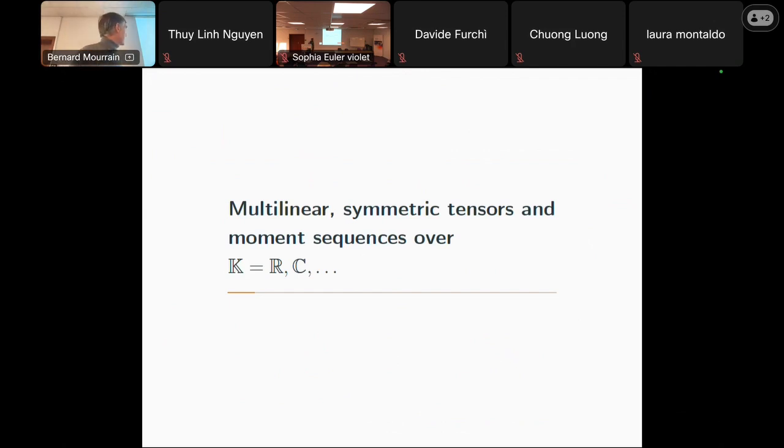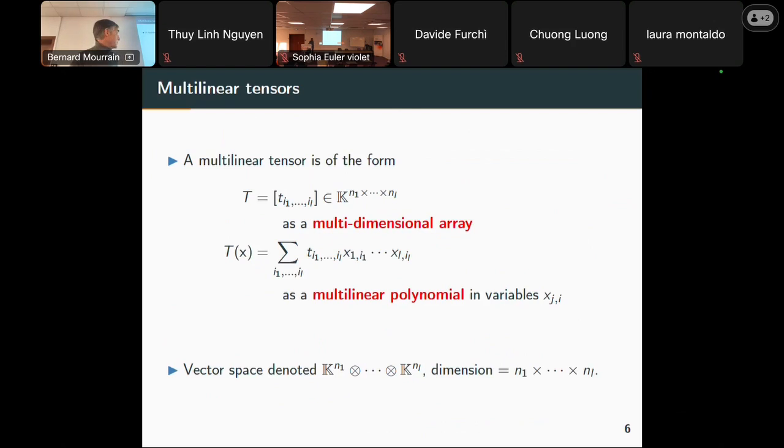We consider here coefficients which are real or complex or rational numbers, but it could also be numbers in a finite field. But our discussion, our representation here, will be related to coefficient fields like the real field or the complex numbers.